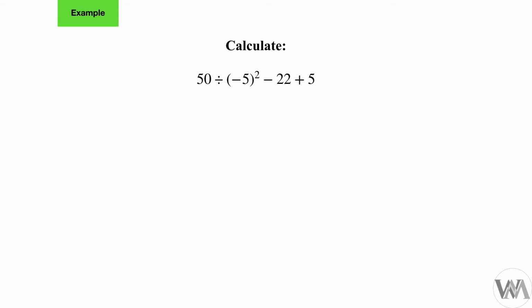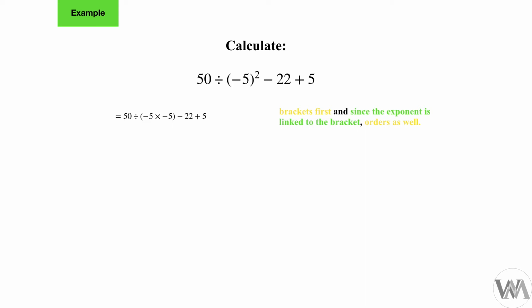In our third example, this one gets a little bit trickier. Here we have exponents, and we're going to have to use our integer laws. Our first step would be to expand the bracket with the exponent. So we're going to do our bracket first, and since the exponent is linked to the bracket, we are going to do orders as well. So we have 50 divided by, in brackets, minus 5 times minus 5.